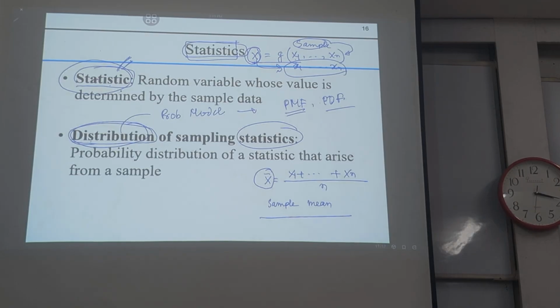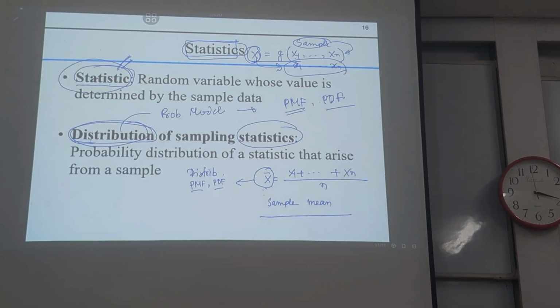For example, this x bar is the statistic, right? Can anyone tell what is this distribution? Will the distribution be PMF or PDF? What is appropriate here? Is x bar a continuous random variable or discrete?